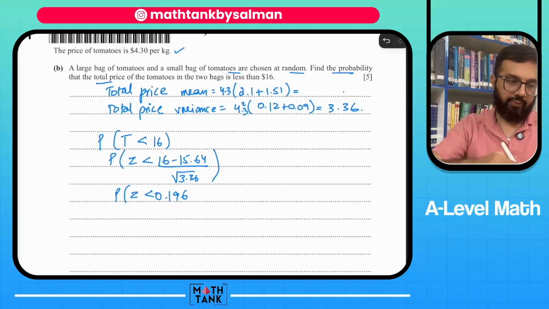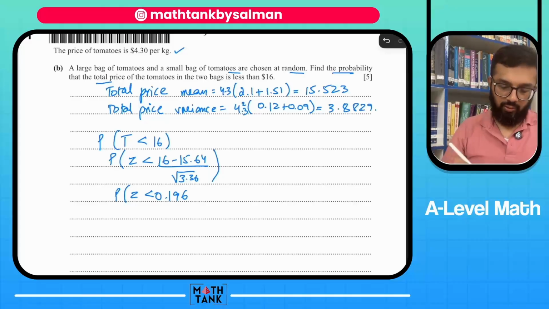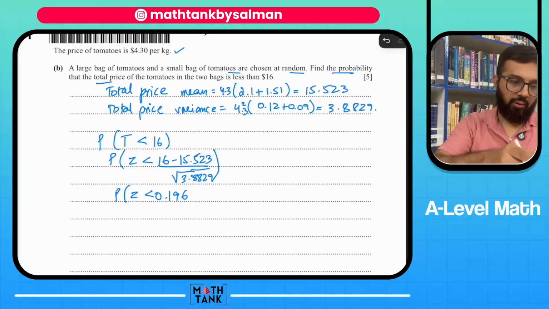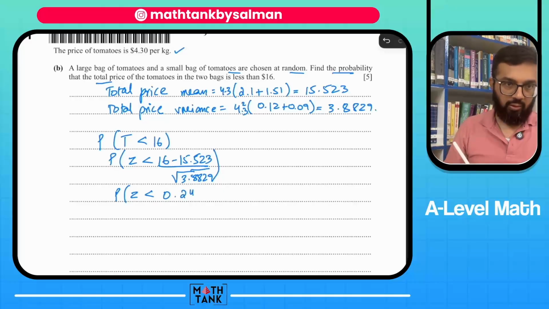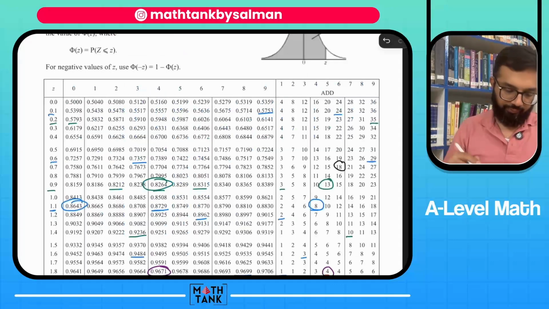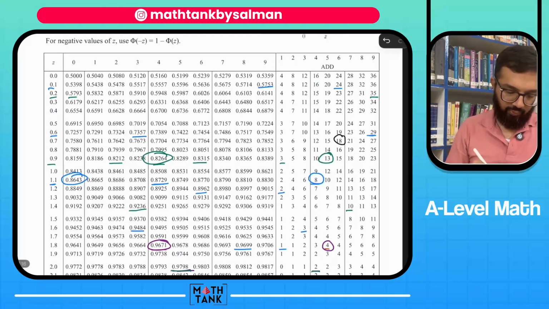I make these silly mistakes. 2.242. 0.5956.